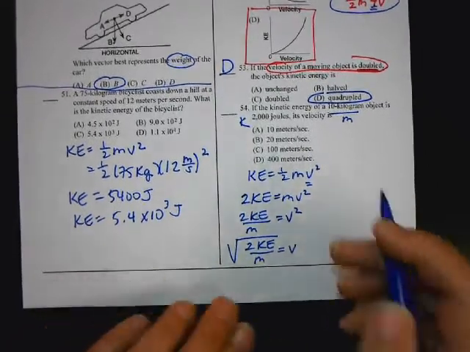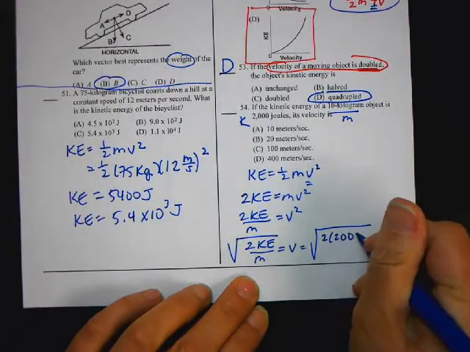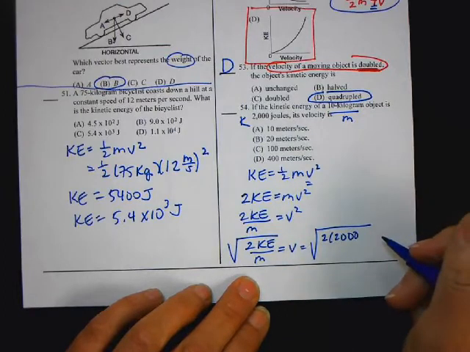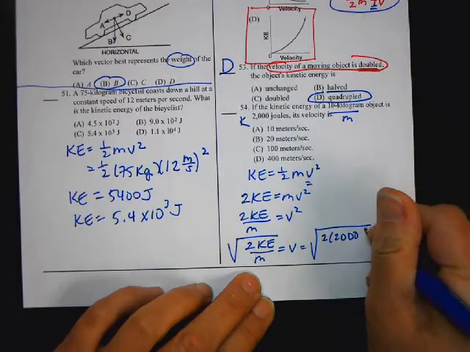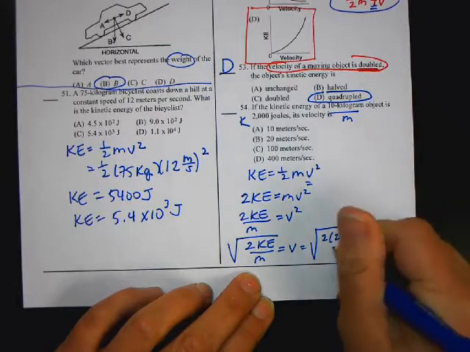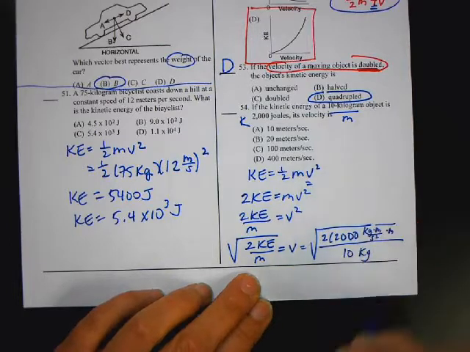Now I'm going to substitute in my values. So 2 times 2,000 joules. And I know a joule is a Newton times a meter. And a Newton is a kilogram meter per second squared, times a meter, divided by 10 kilograms.